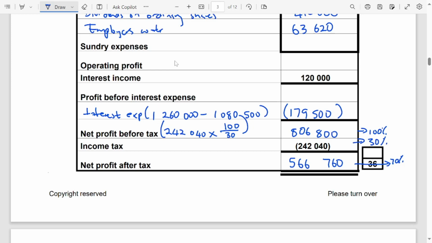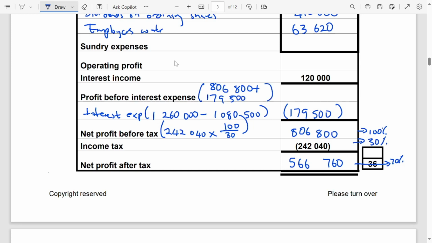Because to find the net profit before tax, we must say profit before interest expense minus interest expense, then we get this one. Now, to find it, it means that we must add back the interest expense. 806,800 plus 179,500.